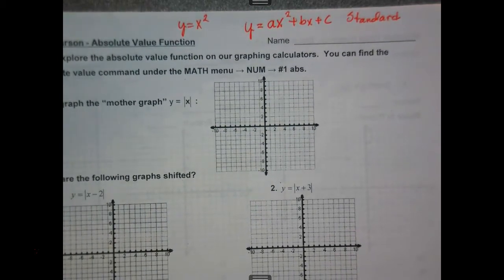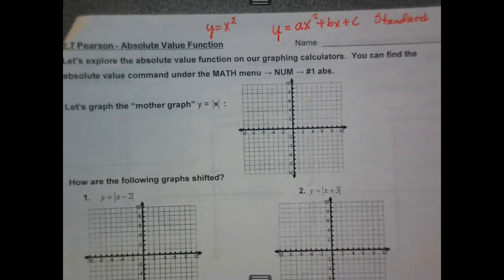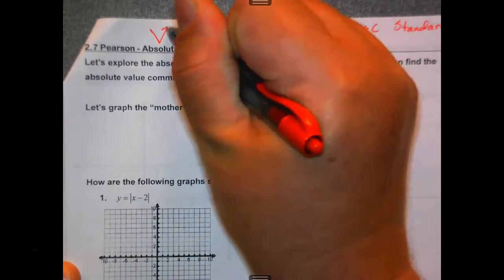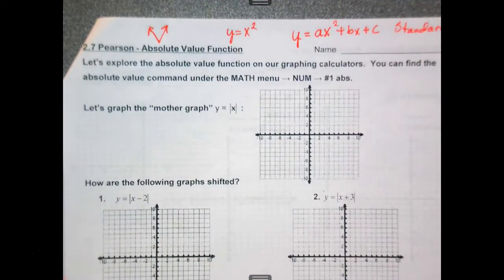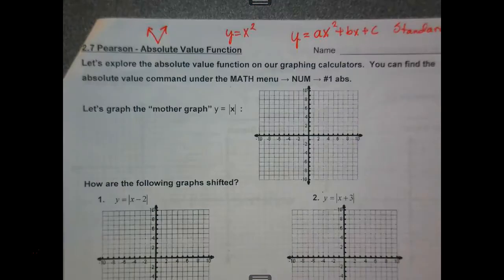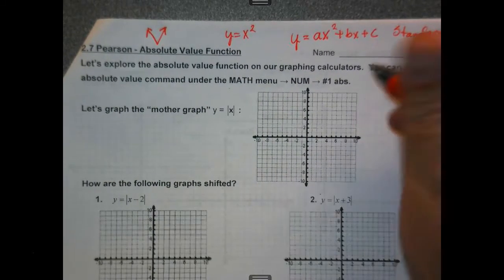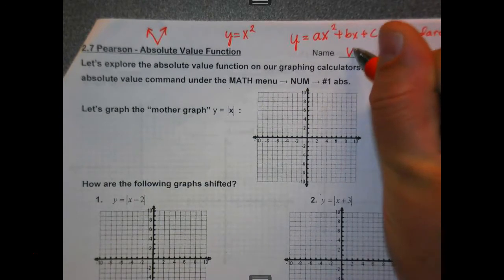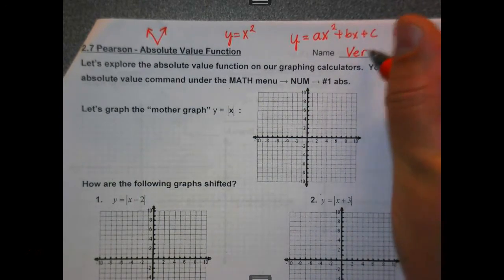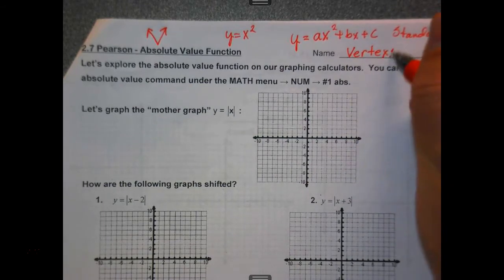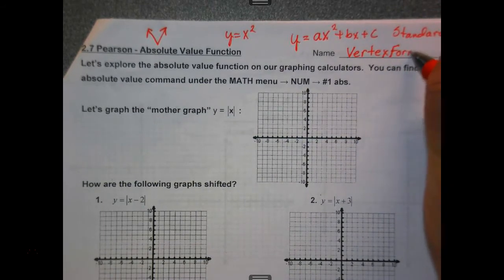Does anybody know what that looks like? It's just a V. The absolute value function has the look of a V. Now, we like to graph many functions in vertex form, not in standard form.